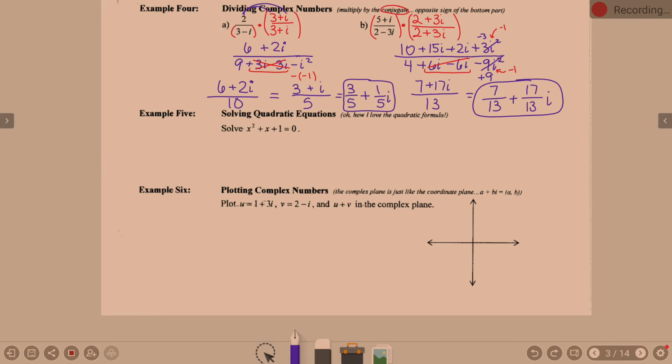I should be able to finish the notes. We've done the hardest of it, if you ask me. Raising the powers and dividing the complex numbers, I think examples 3 and 4 are the hardest parts today. Now, some of you are going to argue quadratic equation is the hardest part because you don't like quadratic formula, but I don't think it's the hardest part here.